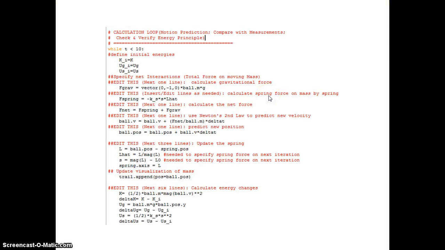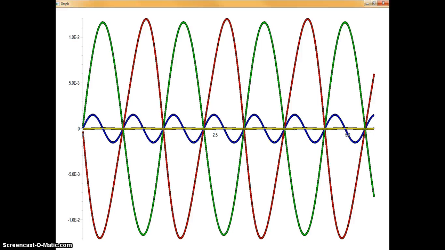And so this is the calculation loop to calculate the position of the ball along the spring over time and the energy graph you get from it. The blue one is kinetic energy. You have the potential energy of the spring and the potential energy due to gravity, and they oscillate back and forth, and the change in total energy is equal to 0 in the system.